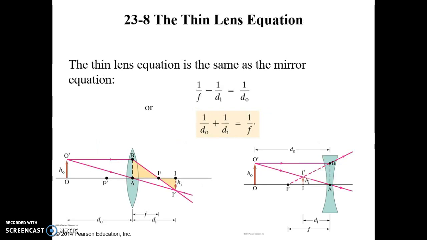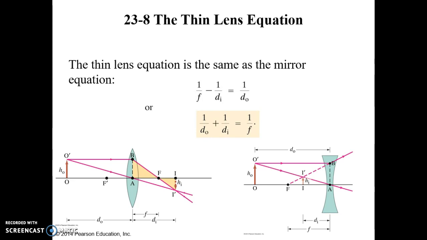The thin lens equation is the same as the mirror equation. Note that the focal length is positive for converging lenses and negative for diverging. The object distance is positive when the object is on the same side as the light entering the lens, otherwise it's negative. The image distance is positive if the image is on the opposite side from the light entering the lens, otherwise it's negative.